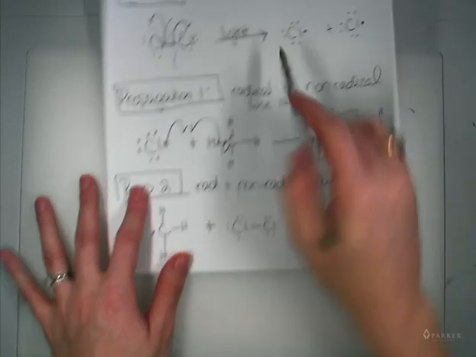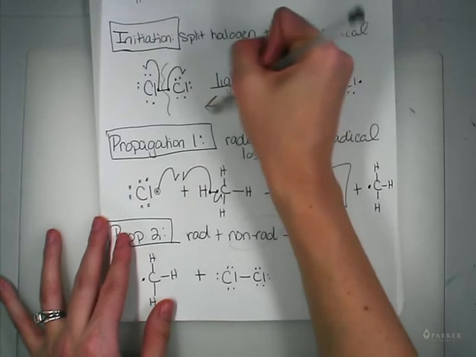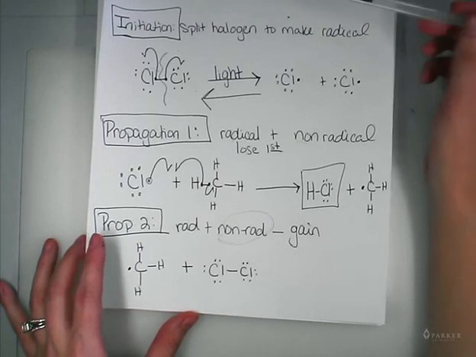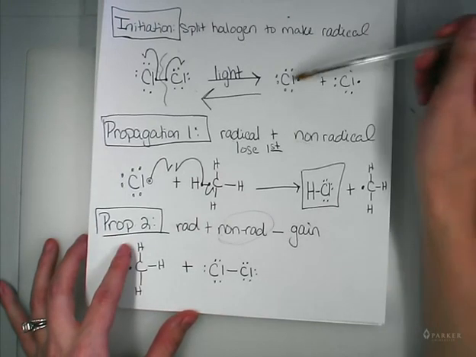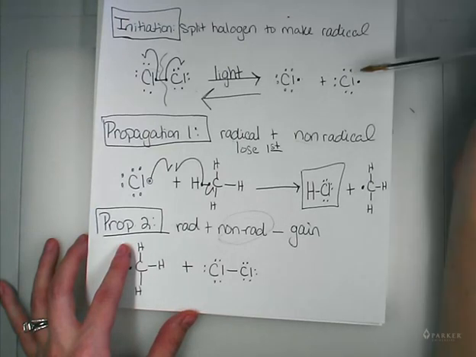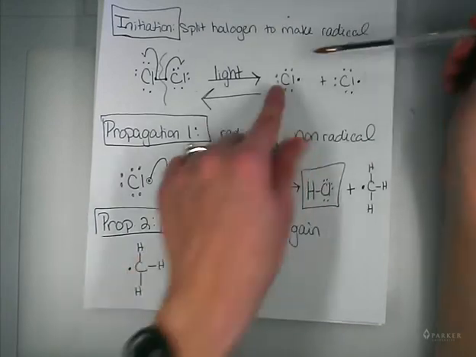Because I always get, how is it still there? Because it reacted right here. And the answer is this. It's in the termination step, which we have not done yet. But radicals are very reactive. So if I have two reactive species next to each other, does it make sense they're going to react together?